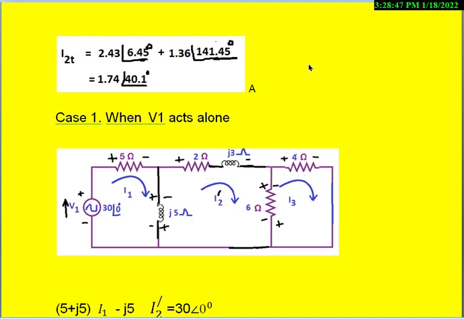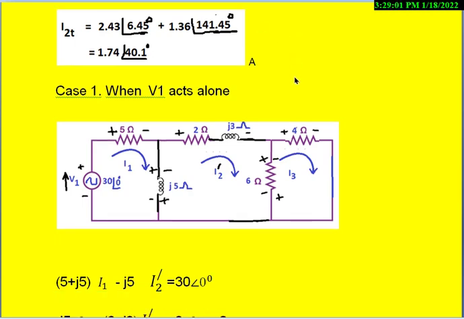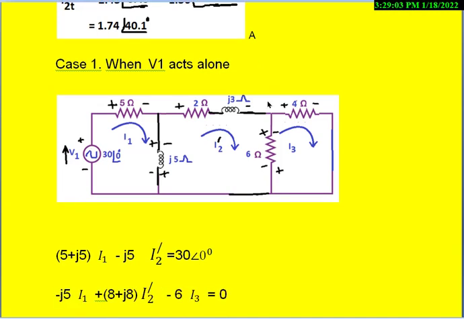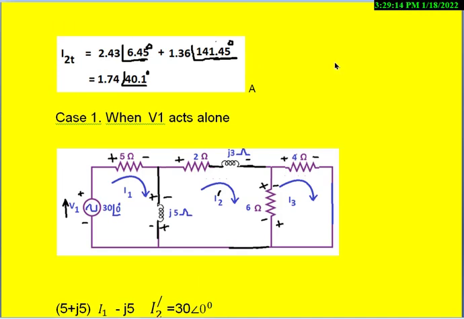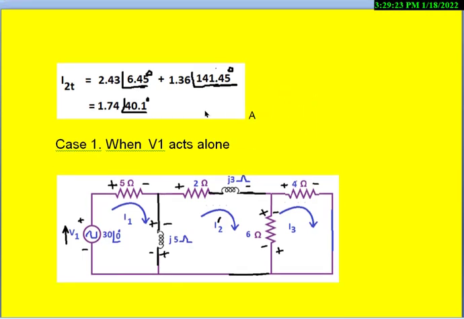After that we applied the superposition theorem, calculated the current supplied by each individual voltage source to the 2 plus J3 ohms, and then added both currents and obtained the total current as 1.74 at an angle of 40.1 degrees. It is observed that the current flowing through the 2 plus J3 ohms is the same with the superposition theorem and with the loop method, 1.74 at an angle of 40.1 degrees.